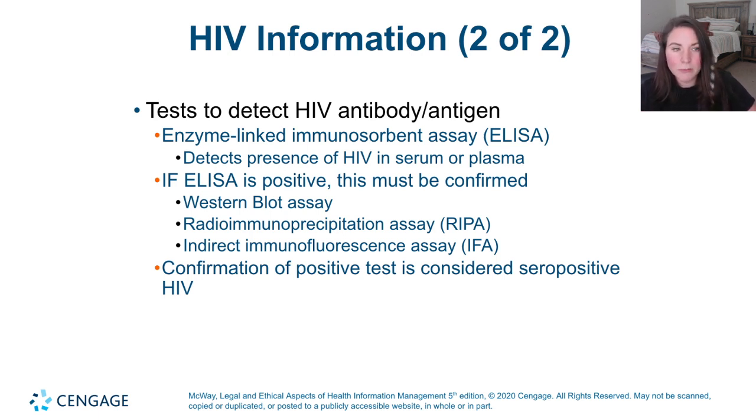There are a few options for the secondary test: the Western blot assay, radioimmunoprecipitation assay, or RIPA, and the indirect immunofluorescence assay, or IFA. Okay, once it's confirmed by the second test, the person is then considered seropositive for HIV.